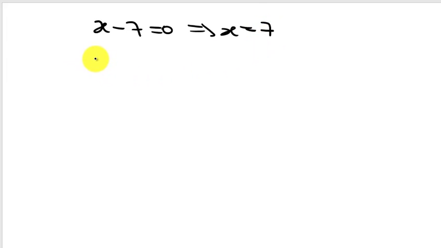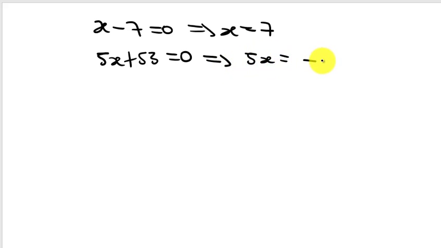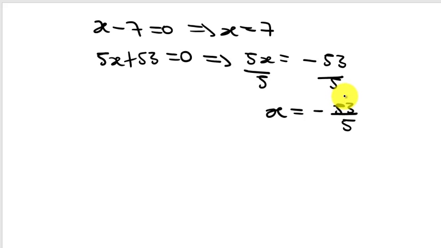We take the other one, that is 5x plus 53 is equal to 0. This implies that 5x is equal to minus 53. So we divide both sides by 5, and we get x equal to minus 53 over 5.